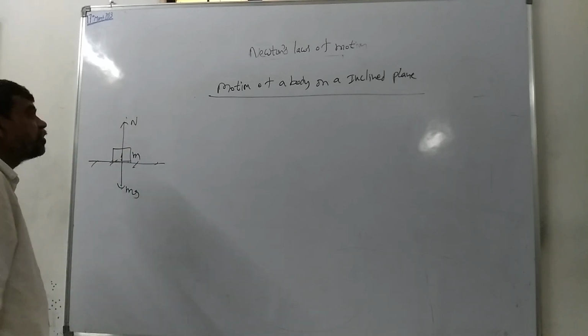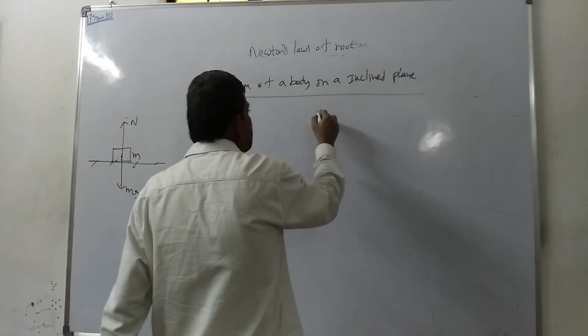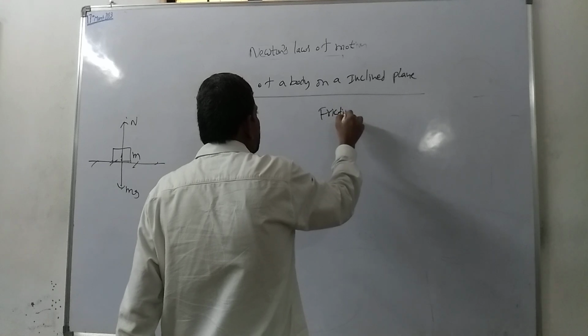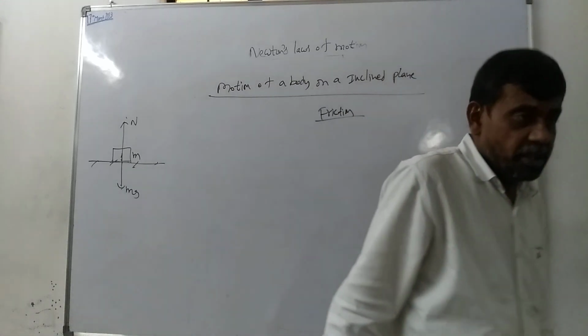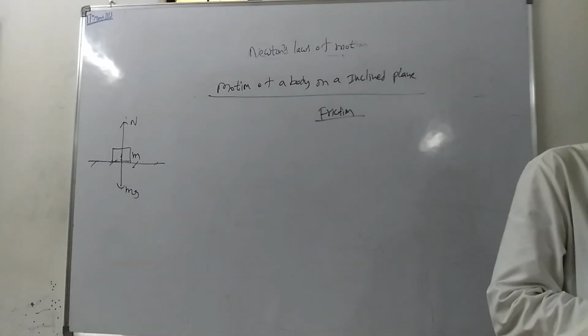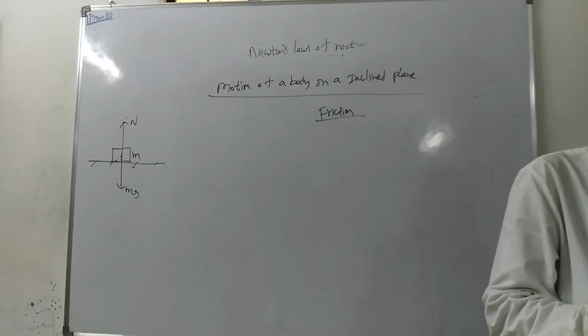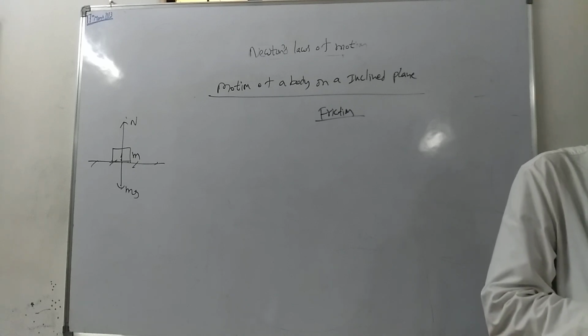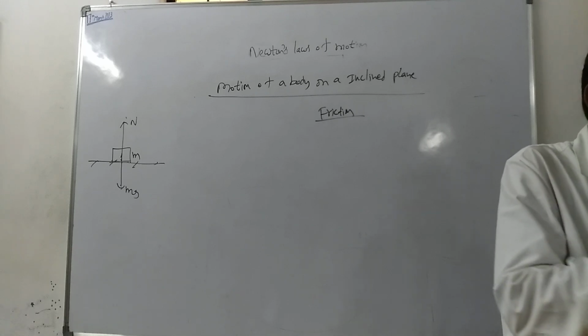Before going further, let us go to friction. What is friction? If you observe any surface with the eye, it looks smooth, but the surface is not actually smooth. Even a surface that appears smooth is not smooth. With a microscope you can see irregularities, and due to them one surface interlocks with the other surface.